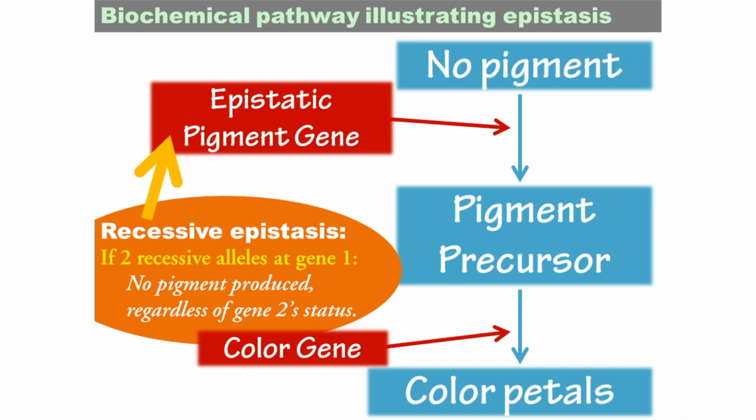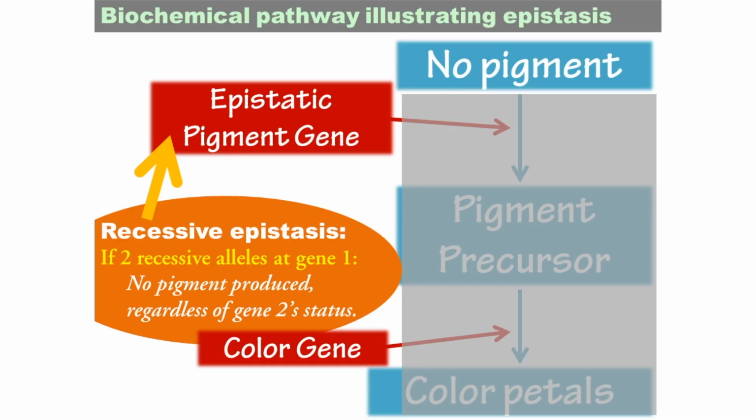The enzyme is not going to catalyze the conversion of that first compound into the pigment precursor. And so what happens then? Well, then it doesn't matter what's going on here because you never get the middle step. You never get pigment precursor. You can't turn it into anything. So you are stuck with no pigment. You're just blocked. We've put up a roadblock because the epistatic pigment gene doesn't make the functional enzyme, and you end up with no pigment regardless of the second one.